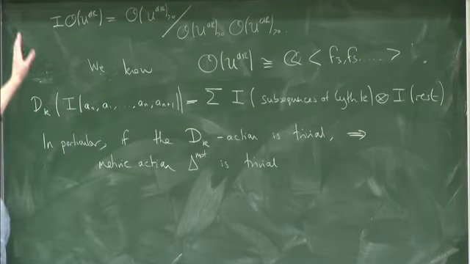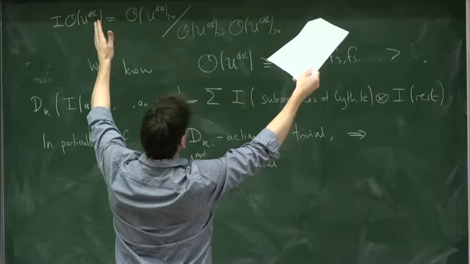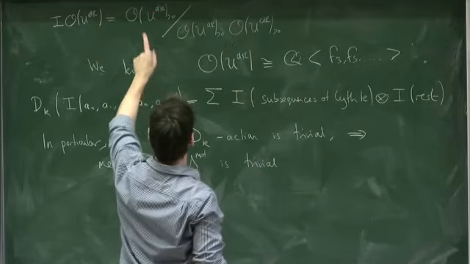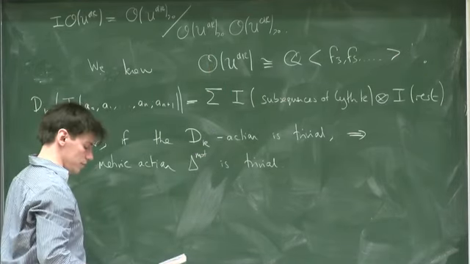So this combinatorial coaction doesn't necessarily give us much information, but what we do know is because the Motivic action factors through it, if it is trivial, then the Motivic action has to be trivial.